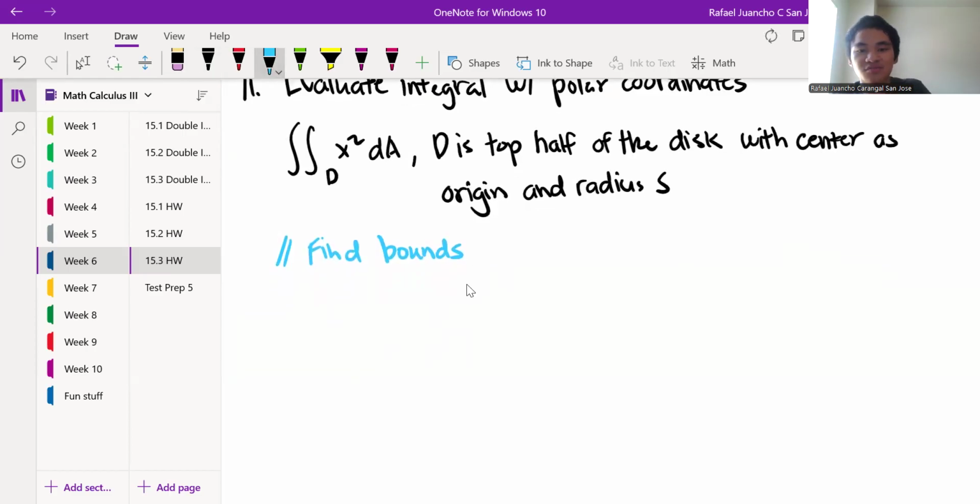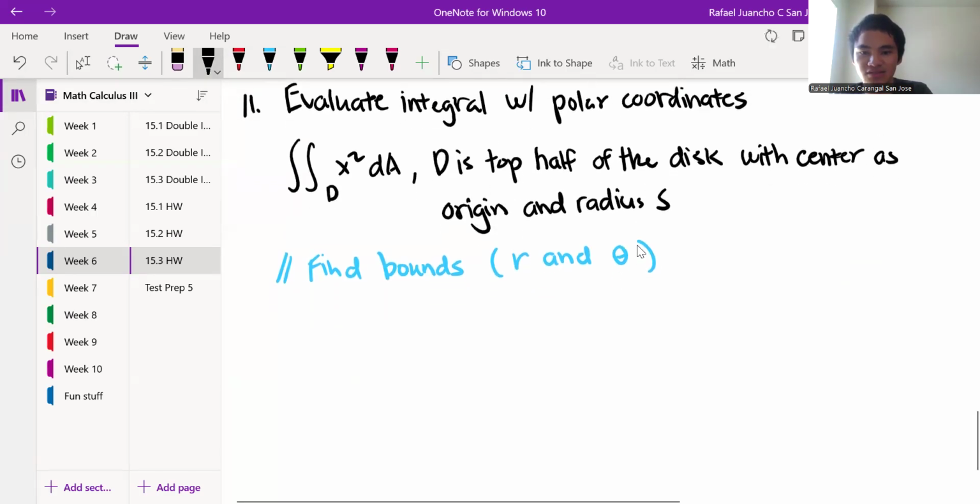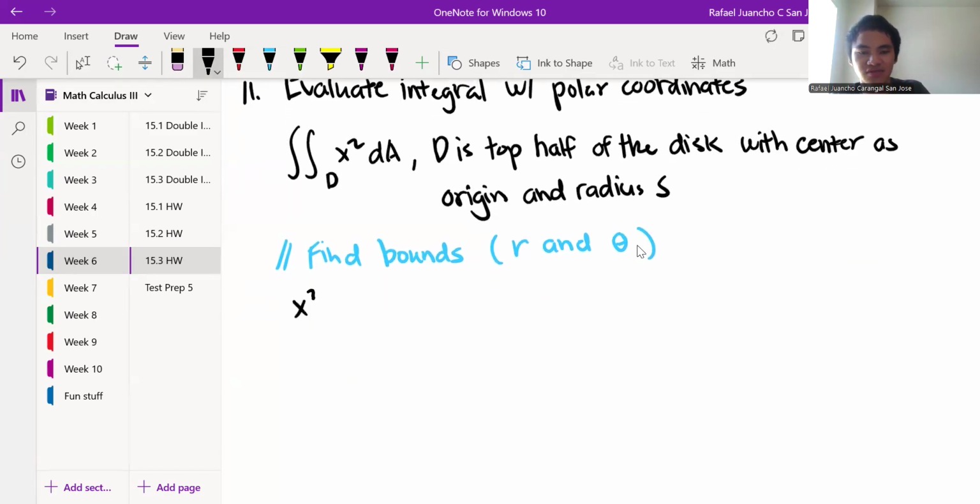So my bounds here are going to be something with r and something with theta. So it's a polar rectangle in this case, right? My x squared is the same as r squared cosine squared theta, right?